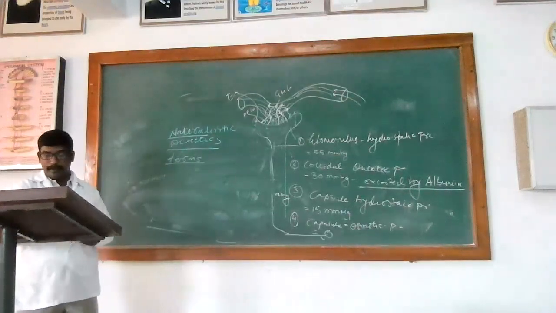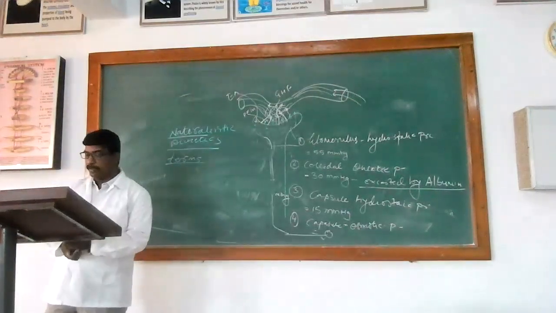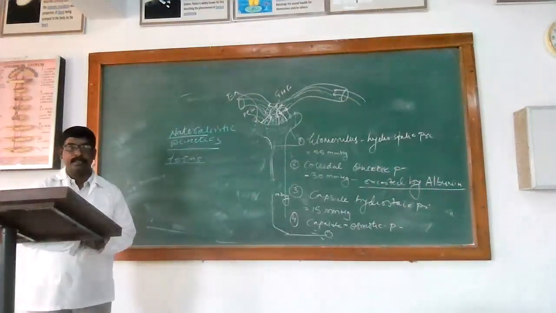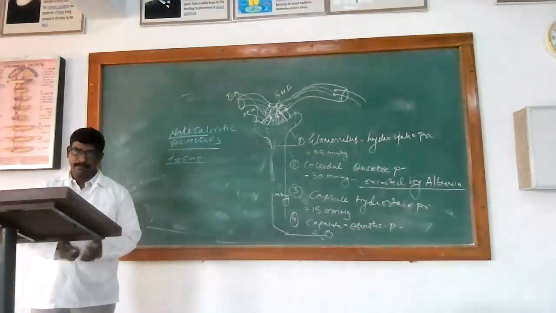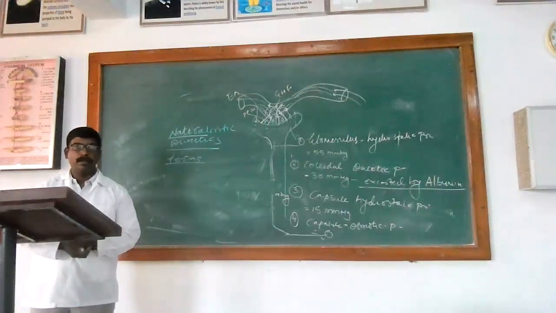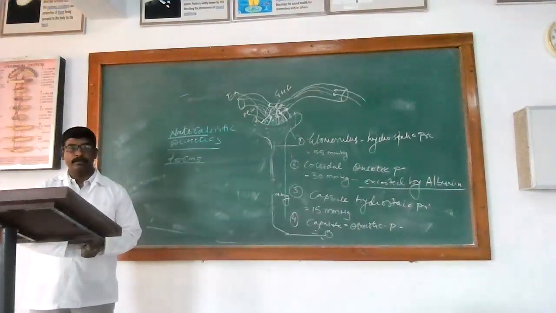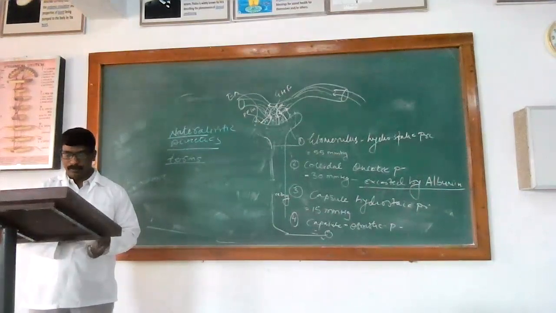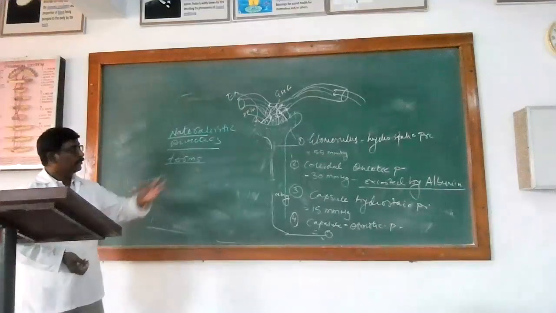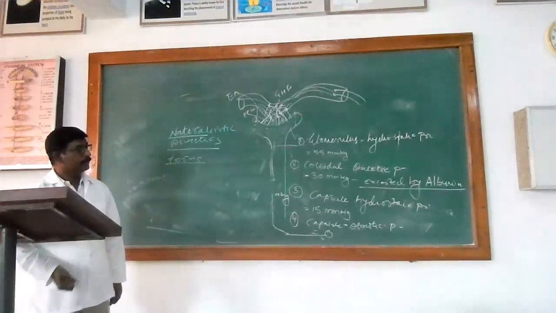So we will try to understand the effect of these agents and the role of the nephron in the process of reabsorption of sodium, chloride, potassium, and water. Here we are talking about filtration.